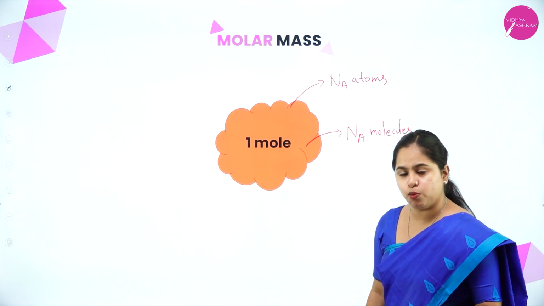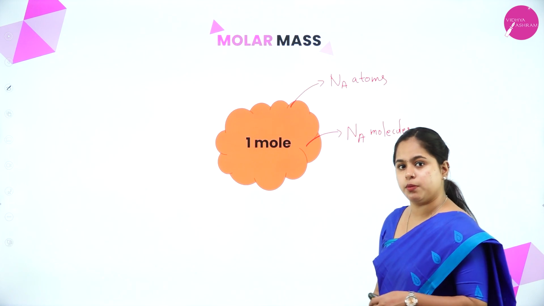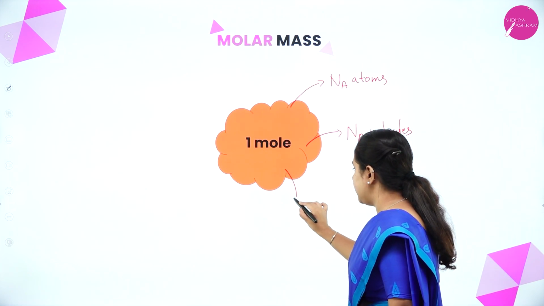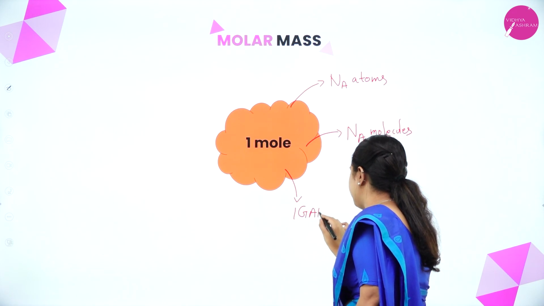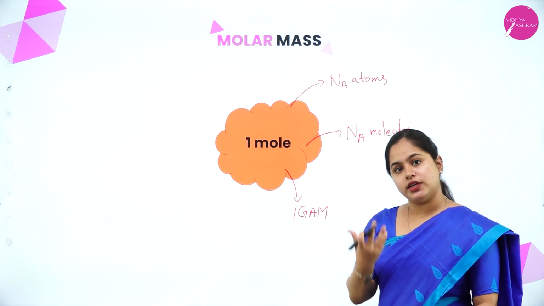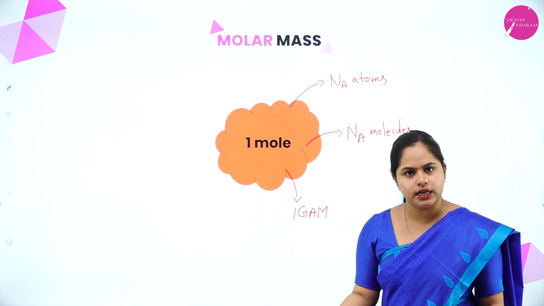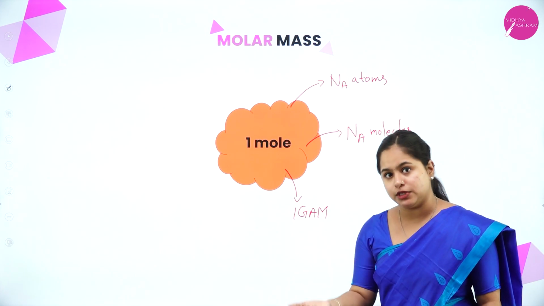Then we discussed about molar mass. So how can you represent 1 mole in terms of molar mass? 1 mole will be equal to 1 gram atomic mass. Now, what is this gram atomic mass? It is the atomic mass expressed in grams. So 1 mole can be also equal to 1 gram atomic mass.